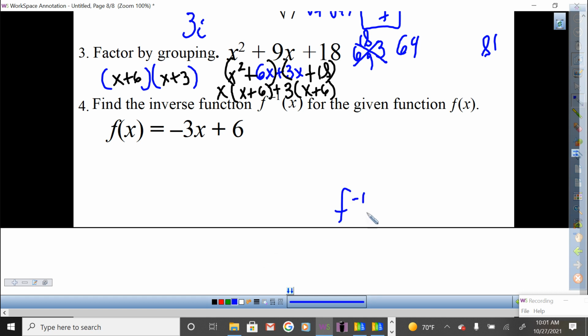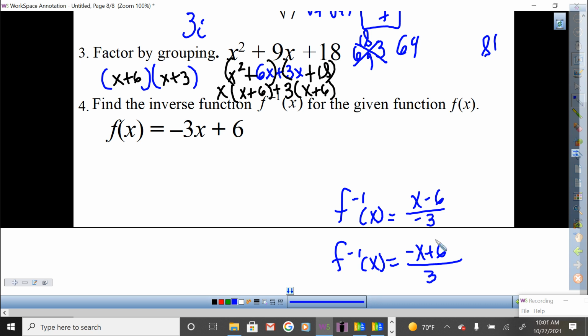F inverse of x. x over minus 6 over negative 3. Technically yes, but we're going to try not to have a negative in the denominator, so if we divide that to the numerator, we end up with f inverse of x equals negative x plus 6 over 3. But yes, that is correct.